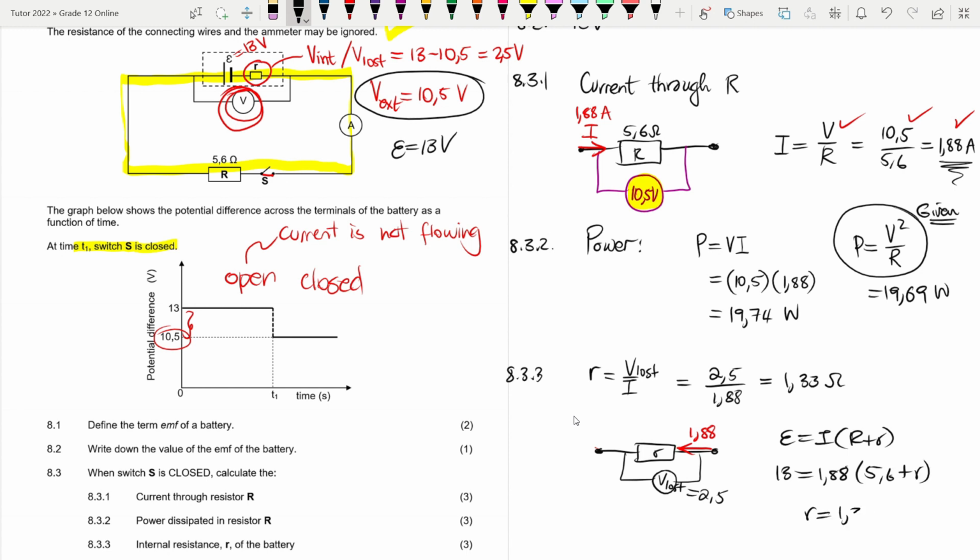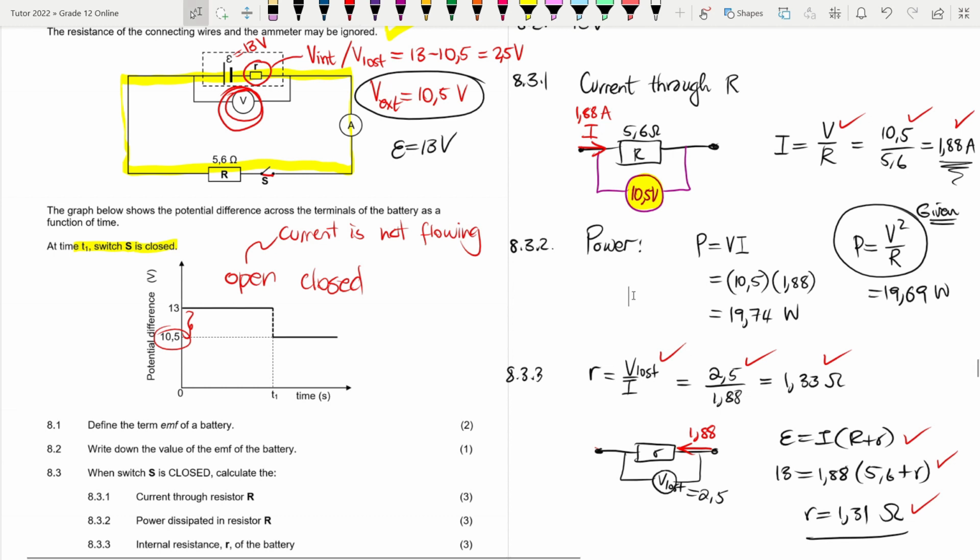Then you are expected to get the same answer, even if it is slightly different. Let's actually see what we get. 1.31. Okay, so you can see there's once again a bit of a rounding error, but it's going to be accepted. How they mark: equation, substitution, final answer.